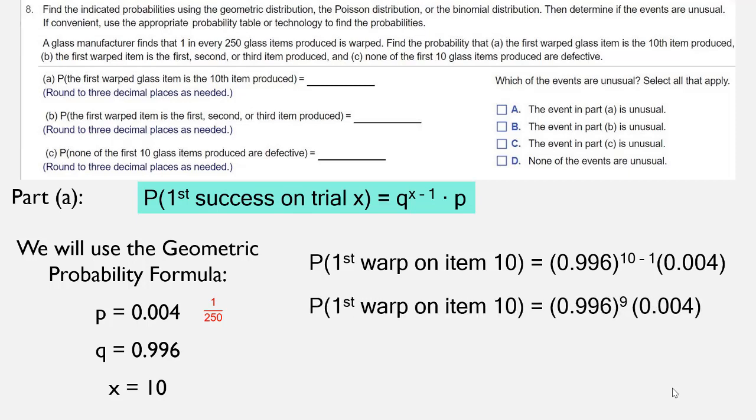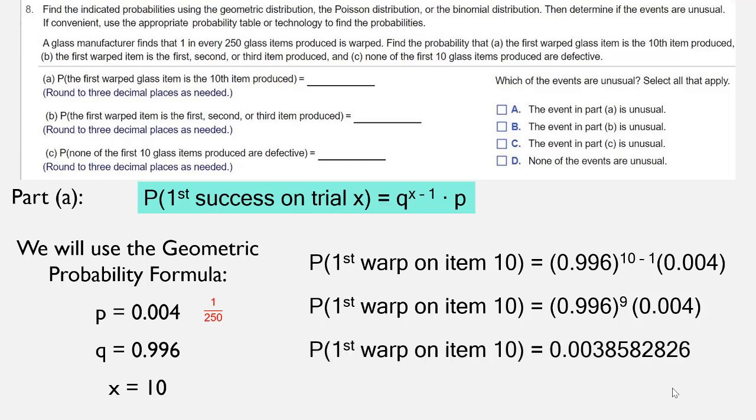Now 10 minus 1 is 9, so it's 0.996 to the 9th power times 0.004. If we multiply that out, we get 0.0038582826. Rounded to 3 decimal places is 0.004. And that's your answer to part A.